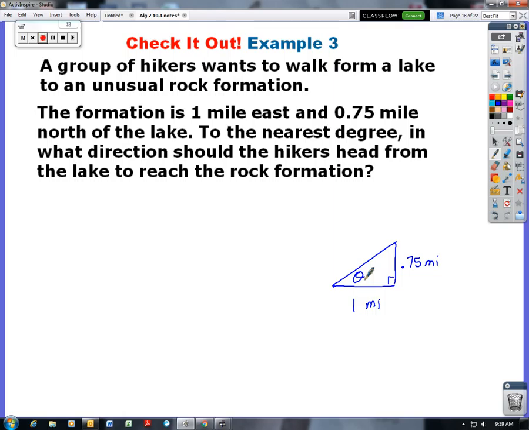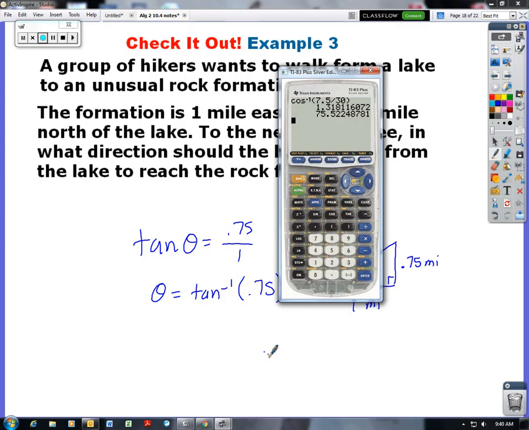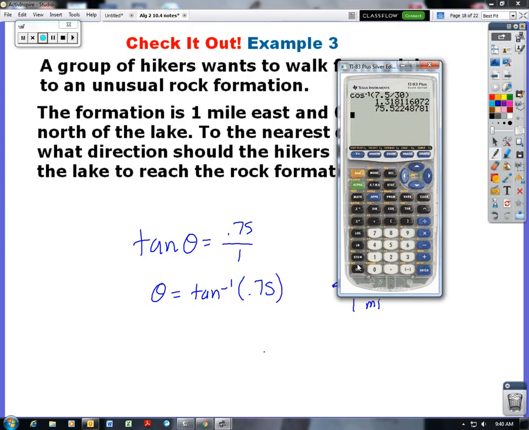We take a look at the triangle. We notice that it is tangent. So tan of theta equals opposite over adjacent. We're going to take arctan of both sides. That's the inverse tan. Inverse tan of 0.75 over 1, which is just inverse tan of 0.75. So back to our calculator.